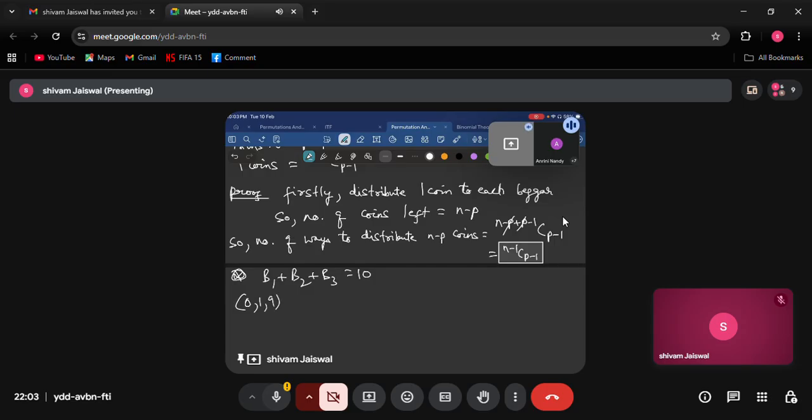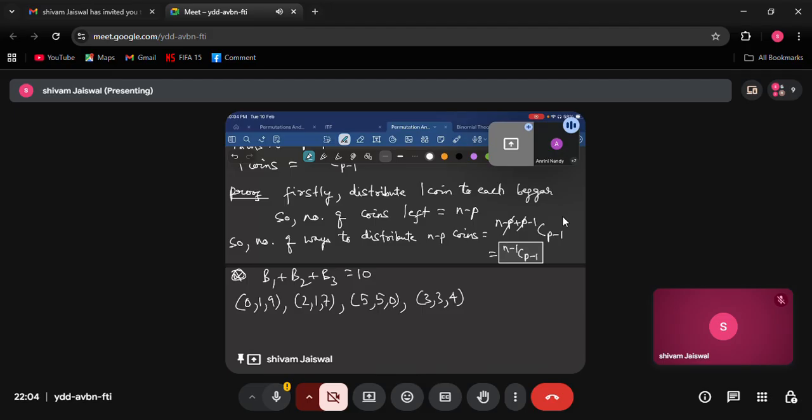One of the possibilities is 0, 1, 9: B1 has got 0 coins, B2 has got 1 coin, and B3 has got 9 coins. Another possibility is 2, 1, 7. Another possibility is 5, 5, 0. Another possibility is 3, 3, 4.